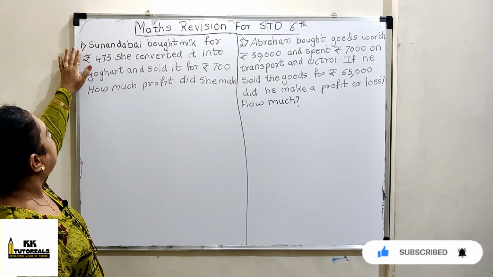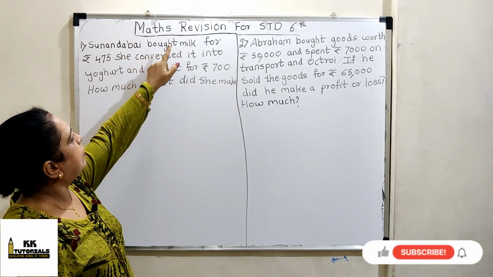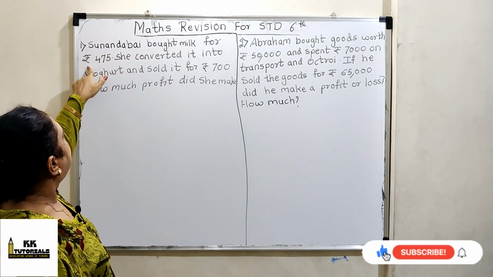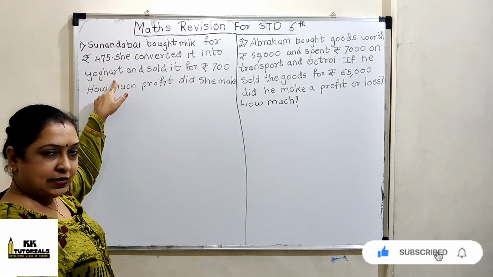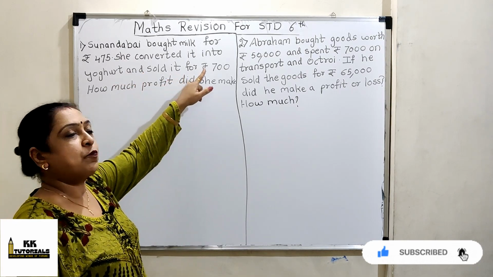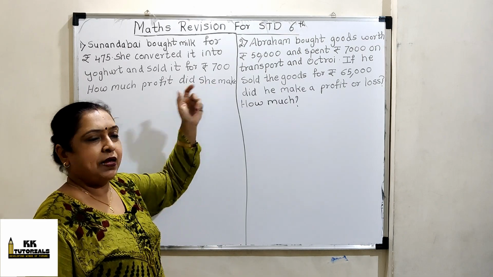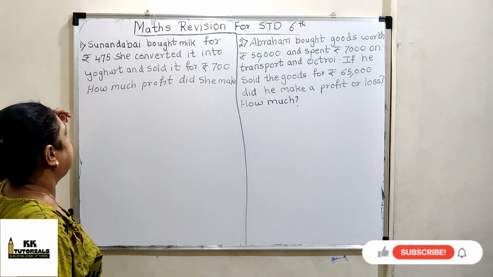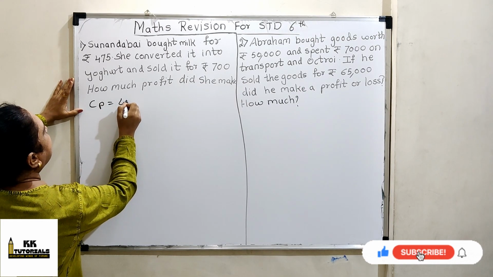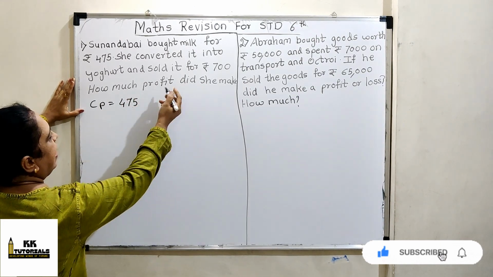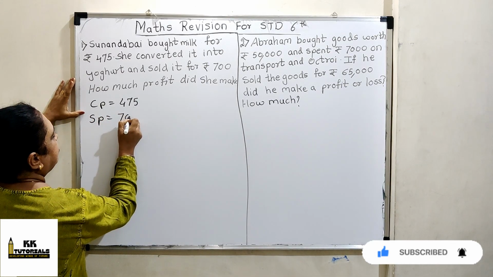Okay. So now for the next sum. Sunanda Bai bought milk for rupees 475. She converted it into yogurt and sold it for rupees 700. How much profit did she make? Okay, it's very easy. See, cost price is how much? 475. And selling price is how much? 700 rupees.